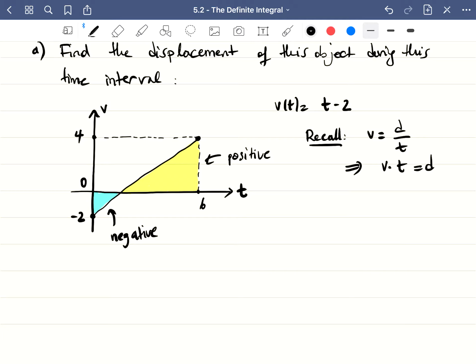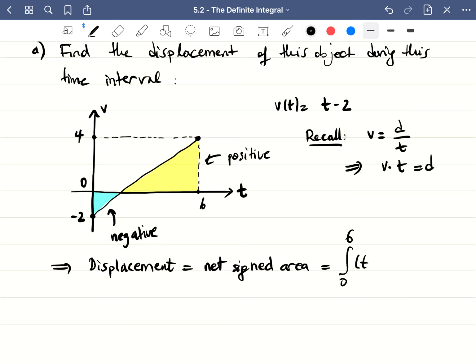So the displacement is equal to the net signed area, which is equal to the integral from 0 to 6 of t minus 2 dt.